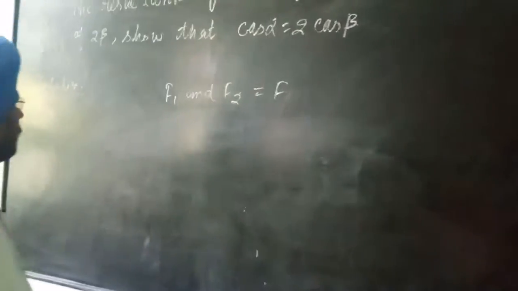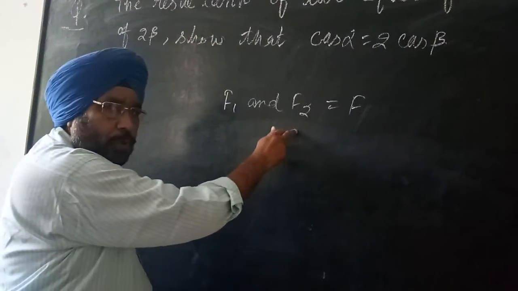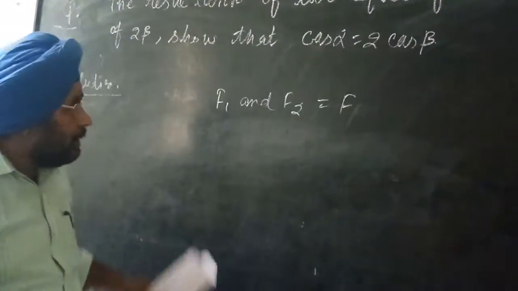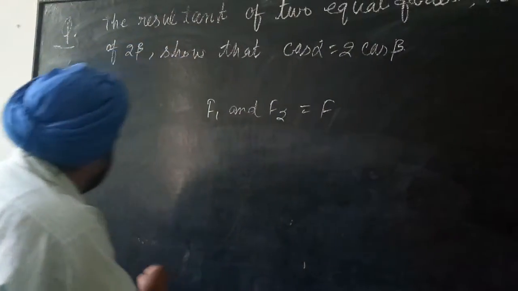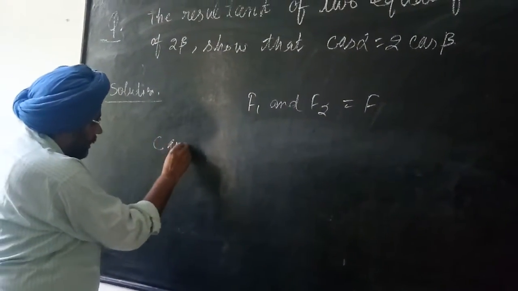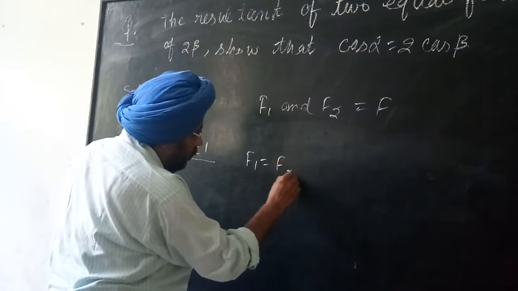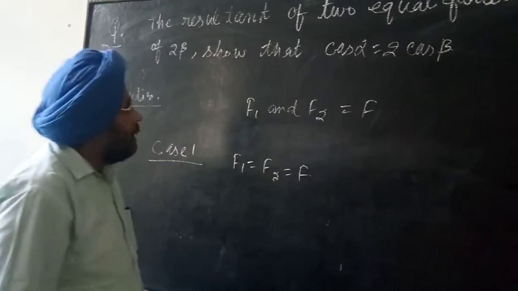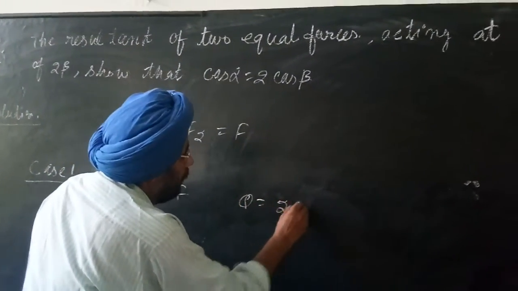So the solution of the problem: let the two forces be F1 and F2. Because they are equal forces, each is equal to F. In the first case, F1 equals F2 equals F, and the angle between the two forces is theta equal to 2 alpha.